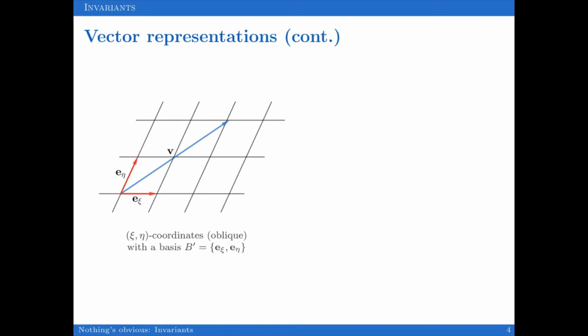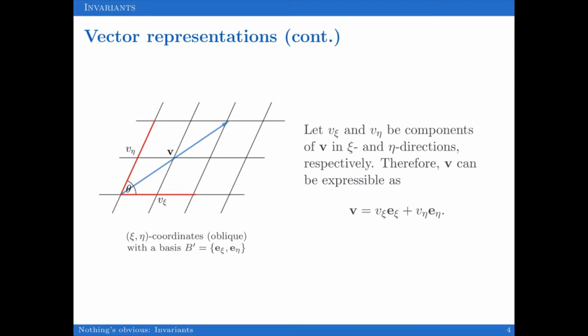We do the same thing by writing V as a linear combination, V psi E psi plus V eta E eta. And of course, the components in the psi-eta coordinates and the xy coordinates are not the same.